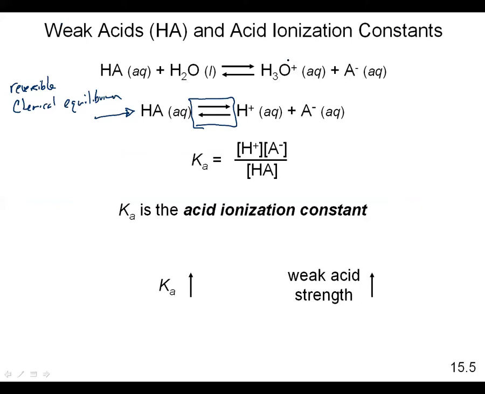And that means that we could write our good friend, what is known as Ka, which is really just an equilibrium constant. So adding to our ever-growing list of K values, we've seen Kc, we've seen Kp, we've seen Kw. Ka, much like you might expect, is an equilibrium constant for a weak acid.